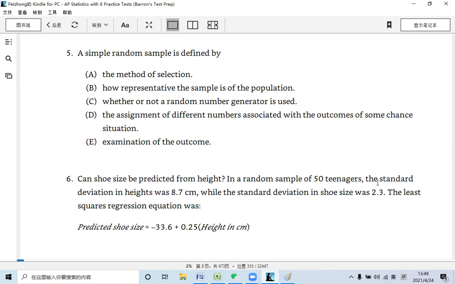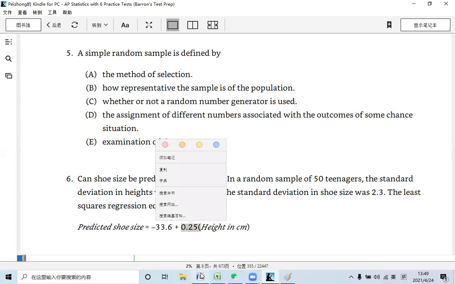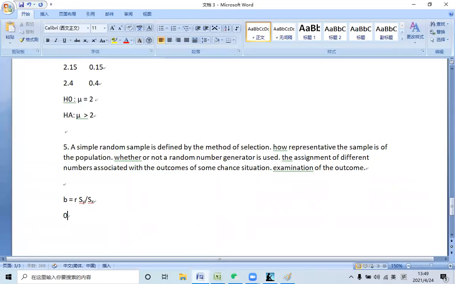You have 50 teenagers. The standard deviation of height, 8.7, and the standard deviation of shoe size is 2.3. Here the B is 0.25.